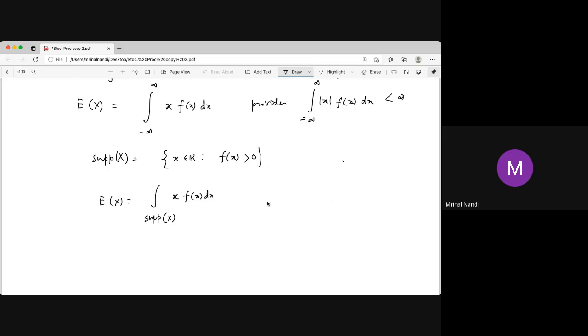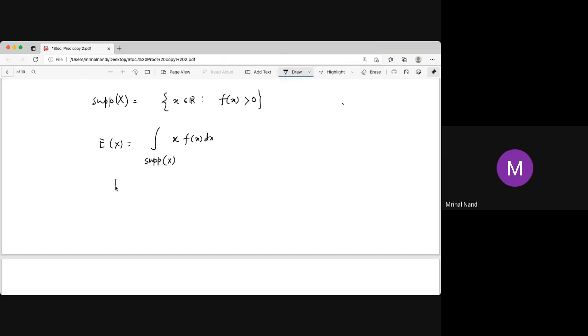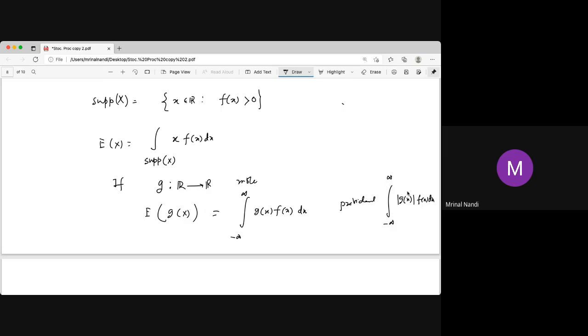Similarly, if g is a function from real to real that is measurable, that means Borel measurable, then the expectation of g(x) is defined like this: the integration over minus infinity to infinity, or just over the support, of g(x) into fx dx, again provided that the integration of mod g(x) fx is finite. Remember, the PDF is positive, so we need not take the mod of fx.